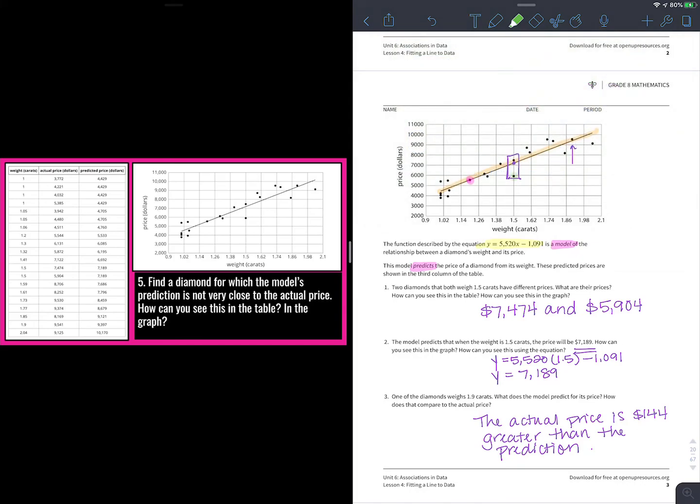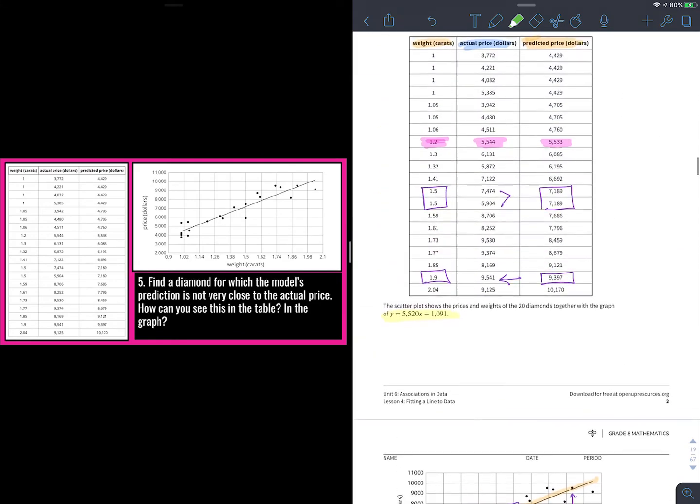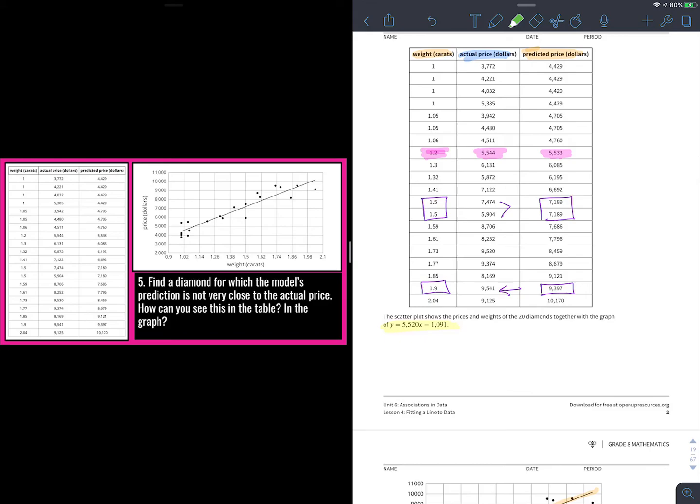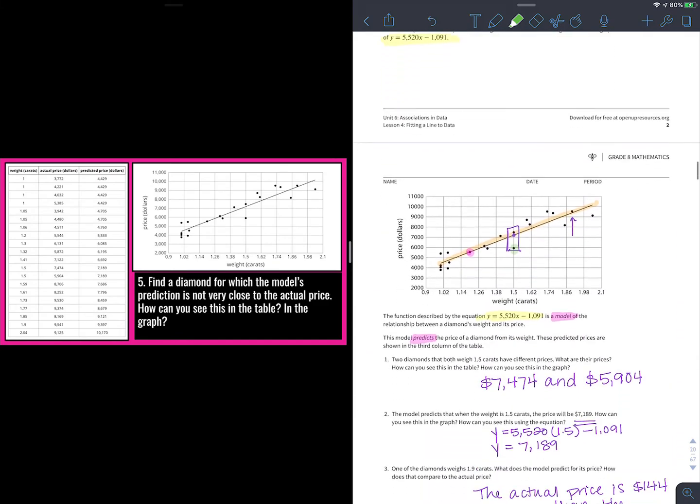This guy here, I would say, is probably not a good, the line doesn't model a good prediction for that point because it's further away from the line. And if we go back to this from earlier, you can see it because of those numbers here. The prediction was 7,189, but the actual price was 5,904.